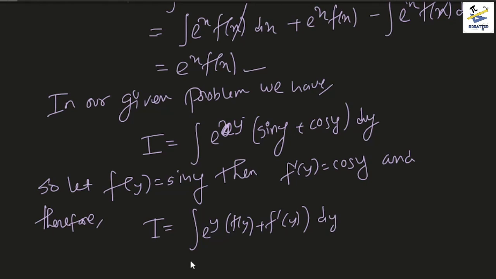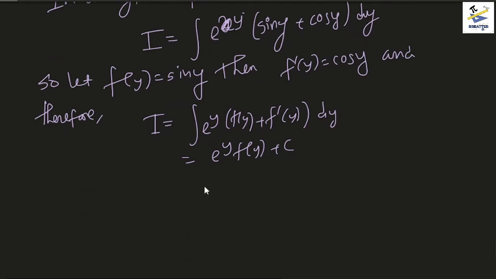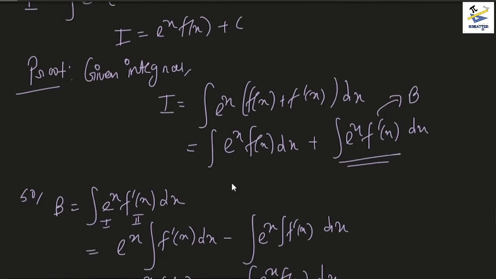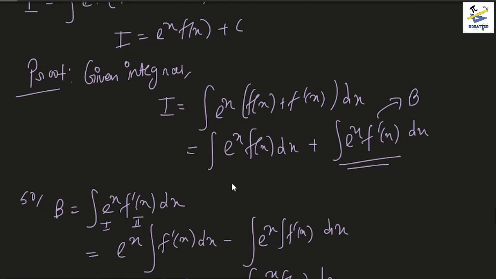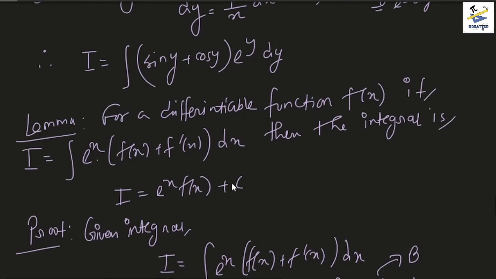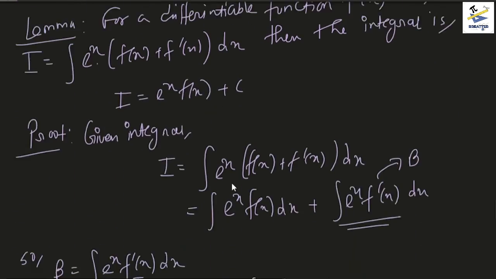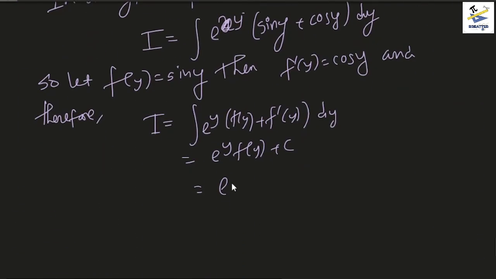And from the lemma we see that this is basically equals to e to the power y into f of y plus c. Putting back y, we get e to the power, and what was y again? Y was log of x, right? So we get e to the power ln x into f of ln x plus c.